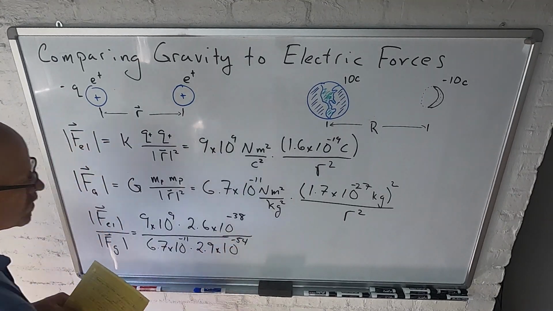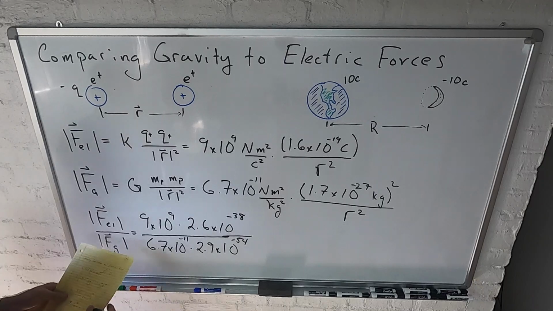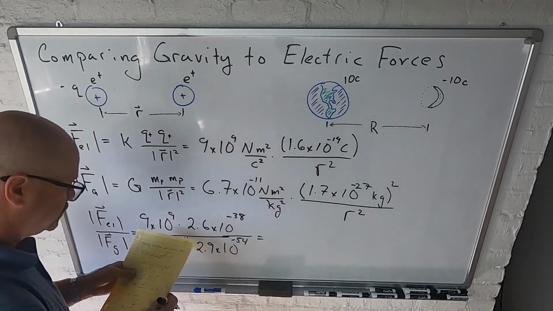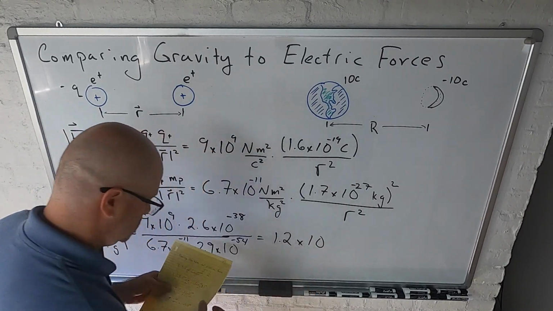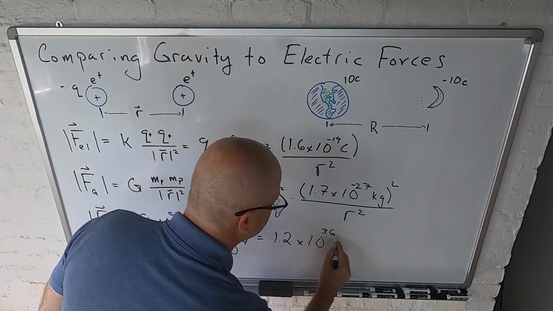That's an enormous number on the bottom. And what that gives me in the end is 1.2 times 10 to the 36.